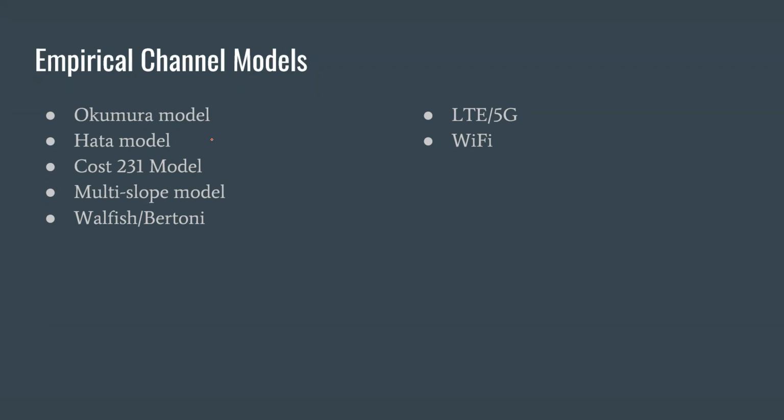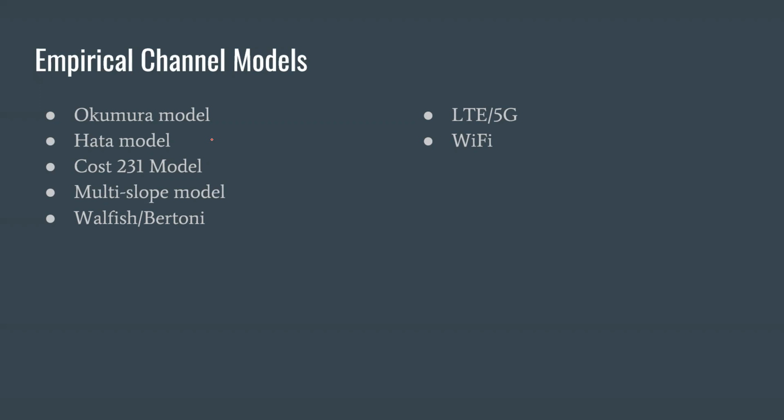So this is site specific, and so it is also frequency specific, as in it only takes in the frequencies used within Tokyo. And there are also other models, like for example, the COST231 model, which is the Hata model, but with an extension of frequency of up to 2 gigahertz. There's also the multi-slope model and also the Walfisch-Bertoni model, which is a model based on the COST231 model, but considers diffraction.